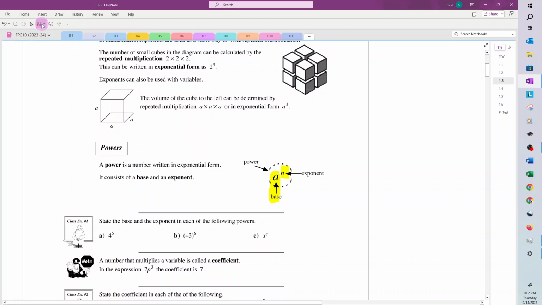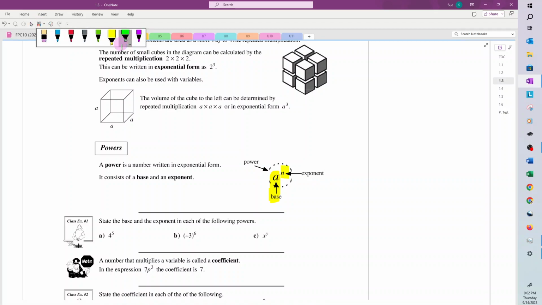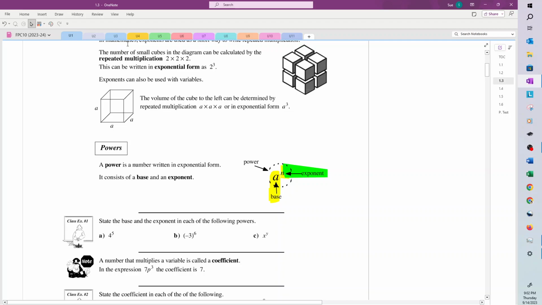So the green is how many times, that's the exponent. How many times are you multiplying a by itself? And the whole thing together is called the power.